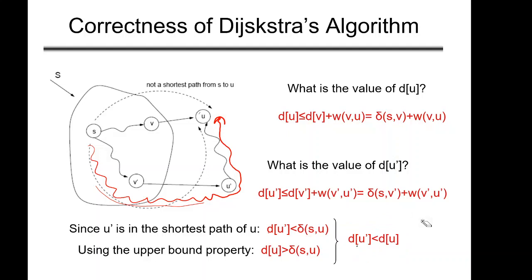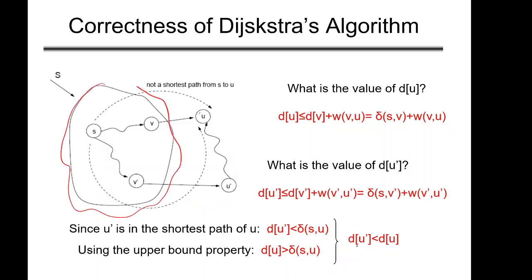Now if you remember, in our set we have already worked for this many vertices. Now we have to pick the next vertex. Which vertex will we pick next as per the Dijkstra algorithm? We will pick the vertex whose estimated shortest path value is minimum.